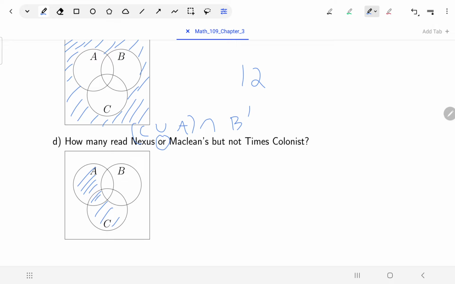They read Nexus and Maclean's, but not the Times Colonist. They only read Nexus, but not the Times Colonist. These 3 regions, these are people who are reading Nexus or Maclean's or both, and certainly not the Times Colonist. So there are 7 plus 4 plus another 35. There are 46 people in total who read Nexus or Maclean's or both, but not the Times Colonist.